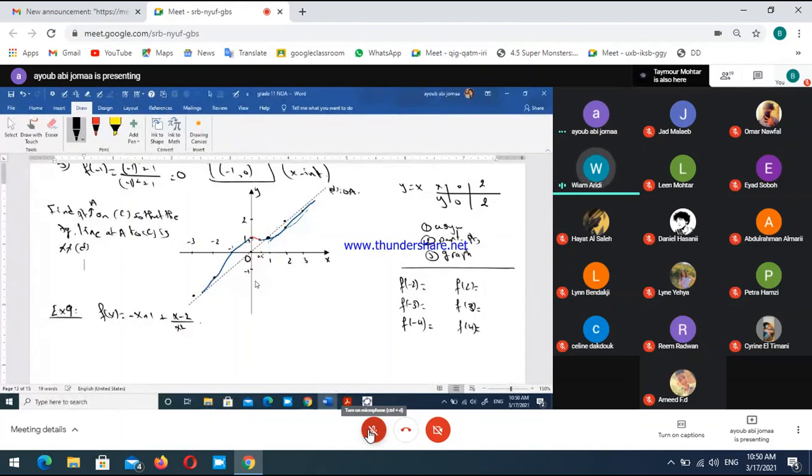We proceed according to f of x, just as we do for function f. But how do we draw the oblique asymptote? You have the equation of the line y equal x. Make a table of values of x and y. Choose two values of x and find the value of y.